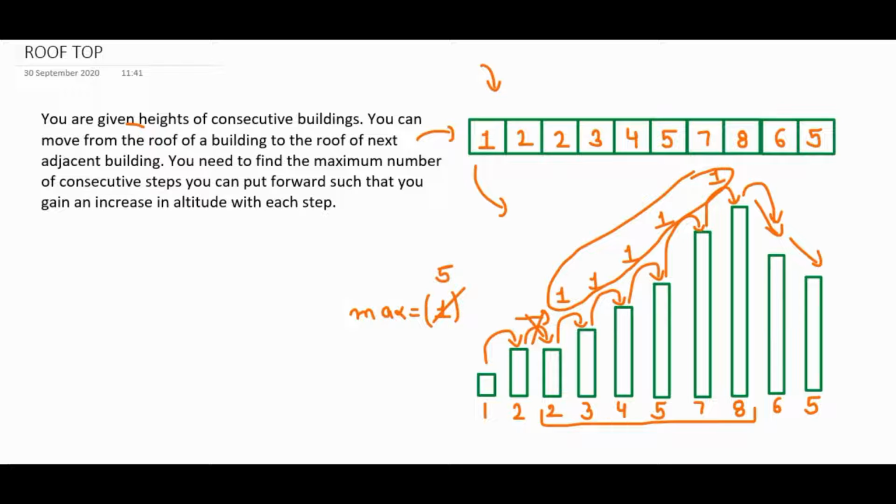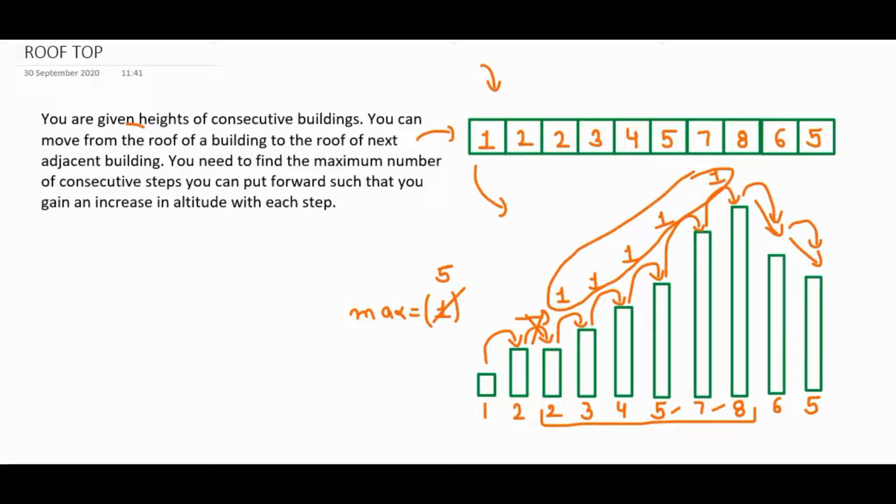Then there is a decrease and again there is a decrease. We will not consider this because there is a decrease in the size of buildings, that is altitudes. So simply what we have to do is find the consecutive number of buildings which have increasing altitudes. One thing you may get confused about is that the size of the building is 5 here and then there is 7.